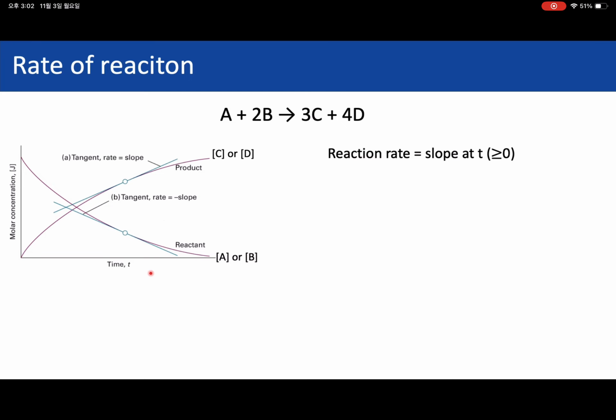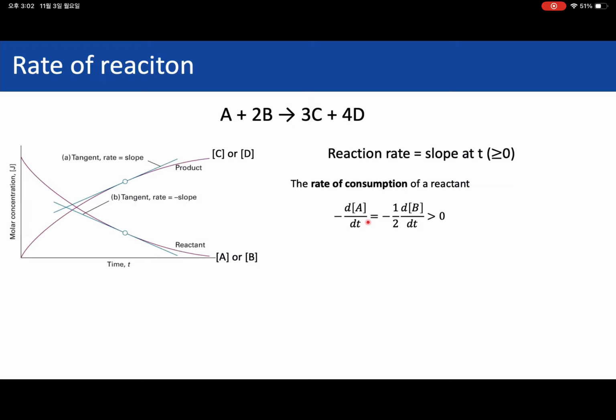So now let's look at the rate of consumption of the reactant, which corresponds to this curve. For example, the slope of the decrease in the molar concentration of A is minus dA over dt.